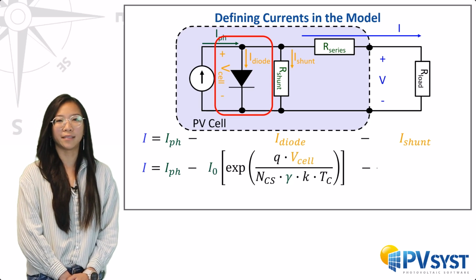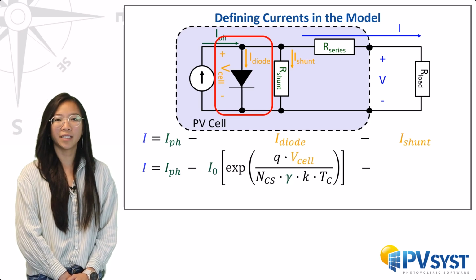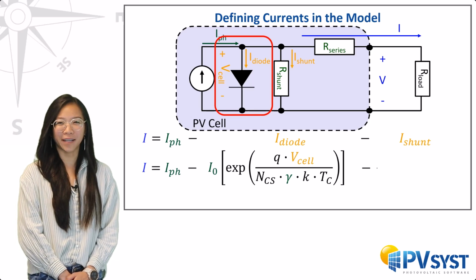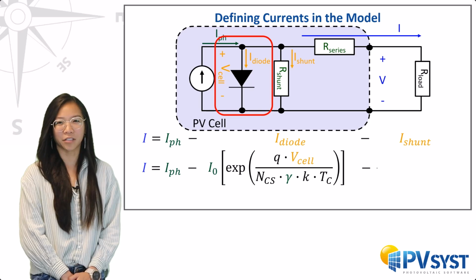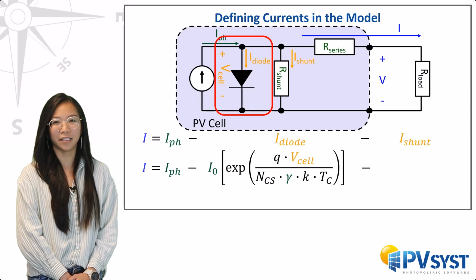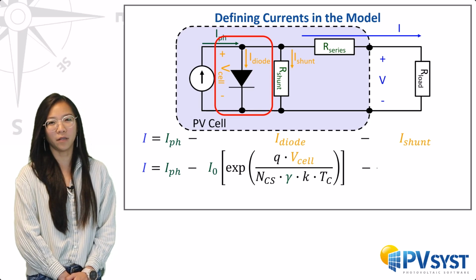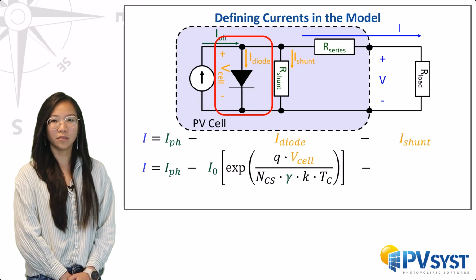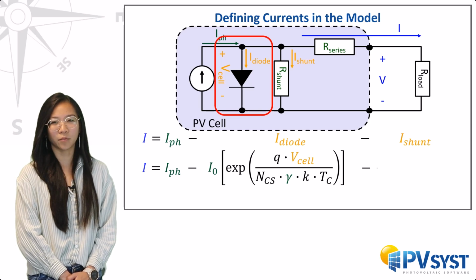We can evaluate the diode current I diode using the expression of the Shockley equation. This involves a factor named diode ideality factor, represented by the Greek letter gamma. NCS is the number of cells in series in case we are modeling a PV module. Don't mind about the details of this exponential.